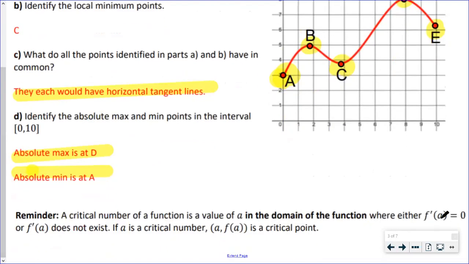Now something else, I think we looked at last class: a critical number of a function is a value of a in the domain where the derivative is equal to 0 or the derivative does not exist. So yes, our last lesson was really very much focused on critical numbers and critical points. But let's go through some more specific scenarios before we end off our lesson with a few examples.